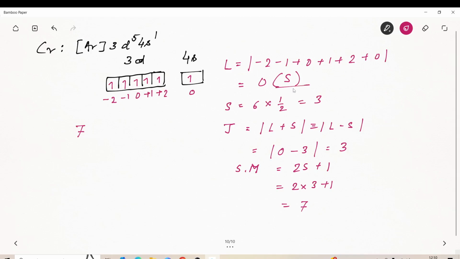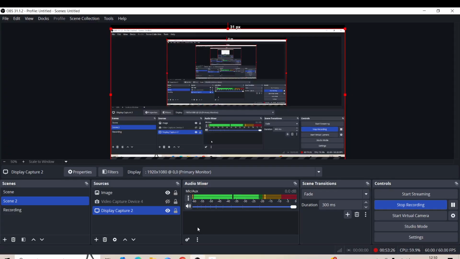See, this is S, L is S, and this is 3. The J value is 3. Okay. So I'll continue with this lecture in the next class.